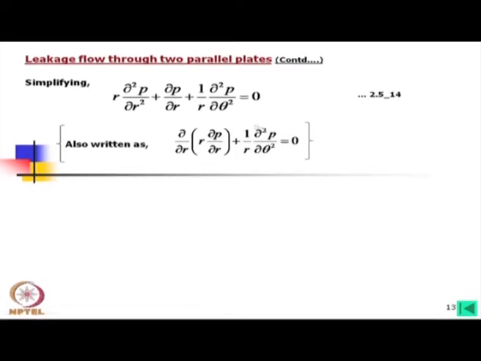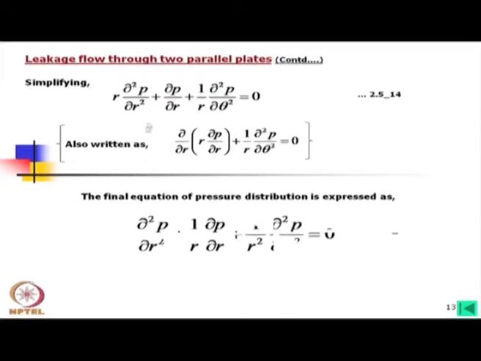In many cases, you will find the equation written in this form. However, another form we can directly write from here: r we cancel out, dividing the whole left hand side by r, we get these equations. So, we will find the equation either in this form or in this form.